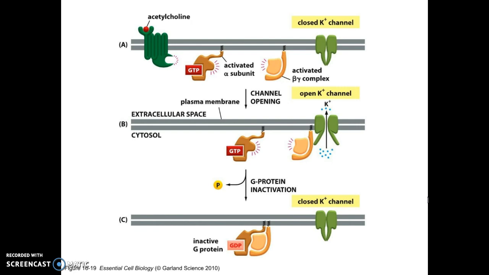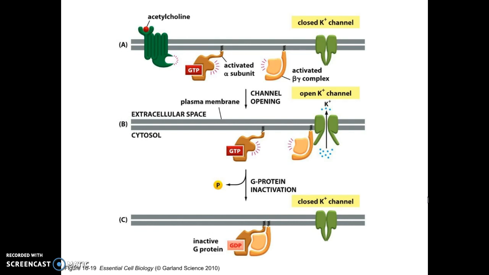So it's still the same here, that when the G protein coupled receptor binds to its ligand and goes through its conformational change, it causes the G alpha subunit to exchange its GDP for GTP.